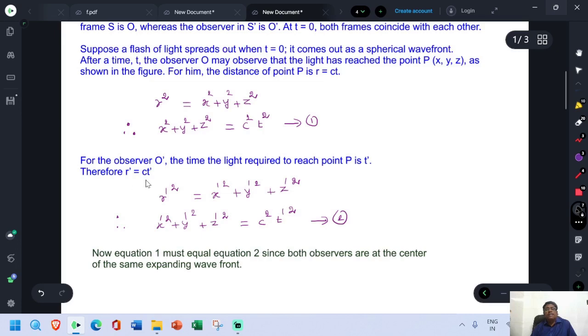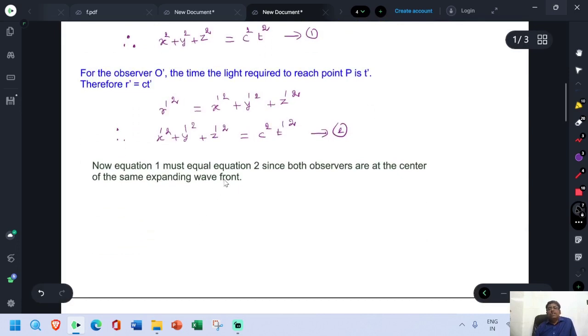Therefore, r dash is equal to c into t dash, because the velocity of light is constant. r dash square is equal to x dash square plus y dash square plus z dash square. Therefore, x dash square plus y dash square plus z dash square is equal to c square into t dash square. Now, equation 1 must equal equation 2, since both the observers are at the center of the same expanding wavefront.